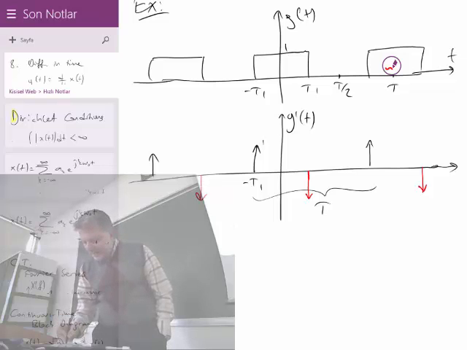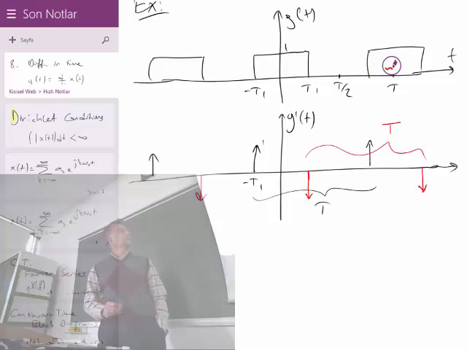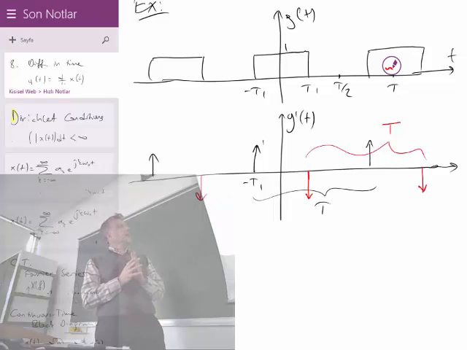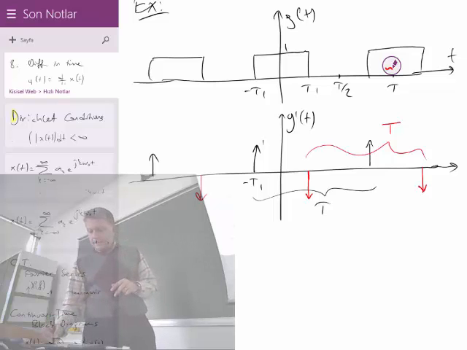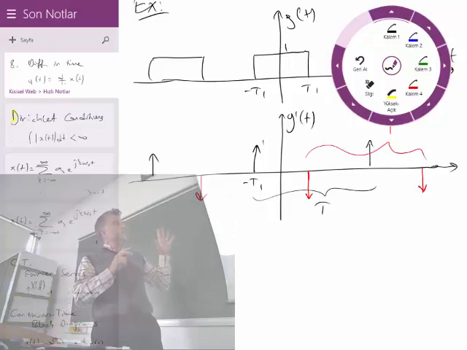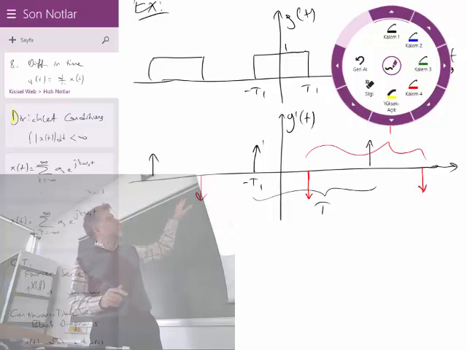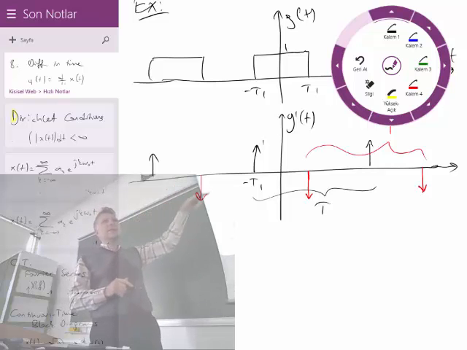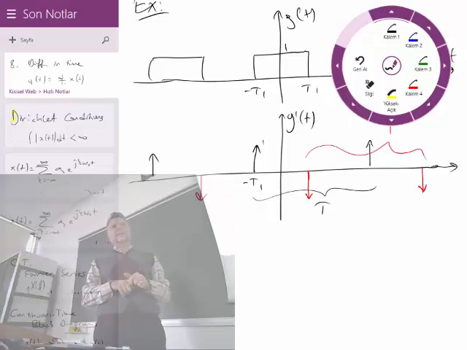And by the way, the period of those red signals is also capital T. Okay. So now what do we have here as the derivative signal? We have a combination of two impulse trains. First the black ones, the upper ones, with a period capital T. Then the red ones, the downward ones, they are also with period capital T.